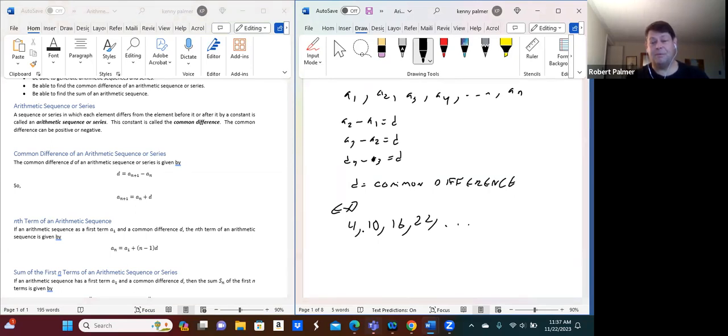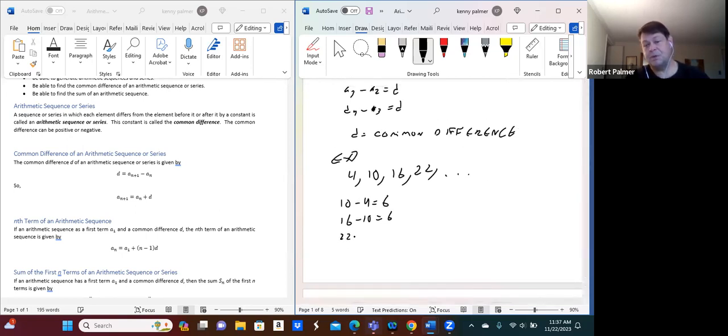If we subtract, obviously 10 minus 4 is 6. 16 minus 10 is 6. And then, as you can expect, 22 minus 16 is also 6. So this is arithmetic, and 6 is our common difference.